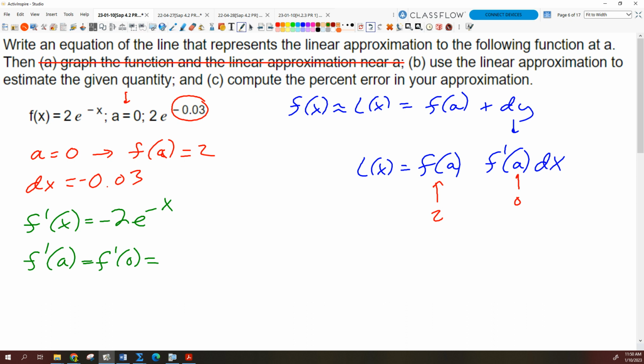Negative 2, right? Okay. So this whole thing right here, we can just replace with a negative 2. And what's the amount of our bump from a? dx? Negative 0.03, right?